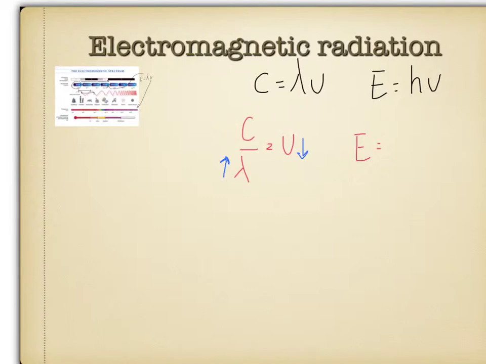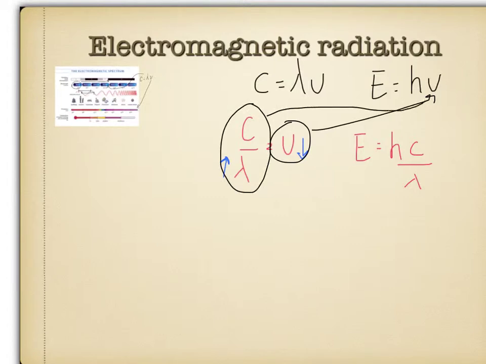So the wavelength is associated to energy in this way. And how I did this is I just said, okay, so if this is nu and that is nu, then I can just plug this in. So I just plug this equation into that part there, and I get this equation now.